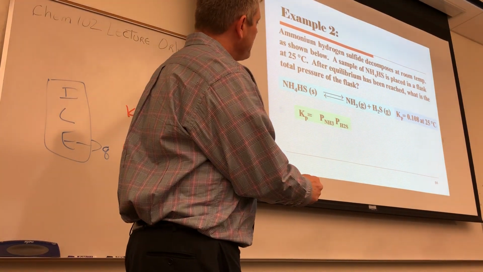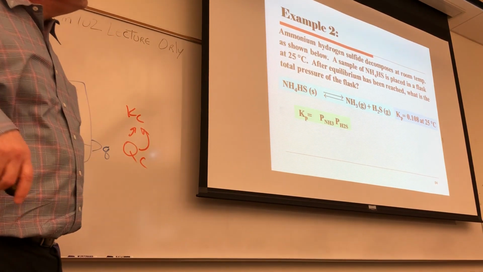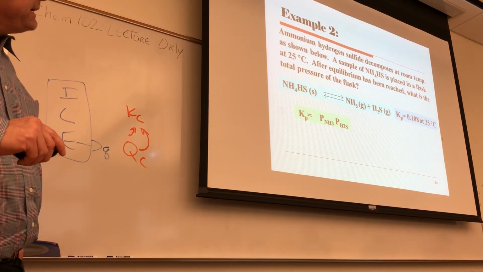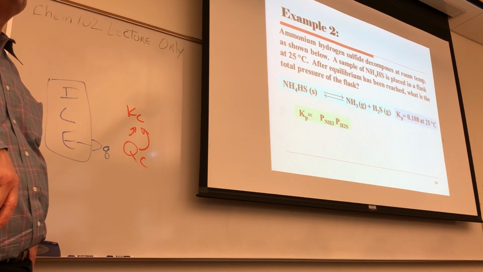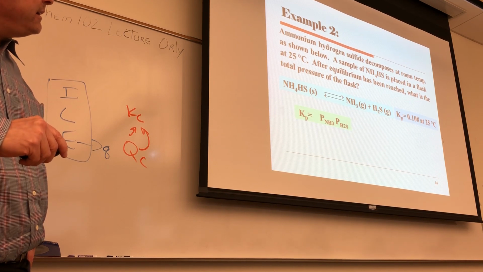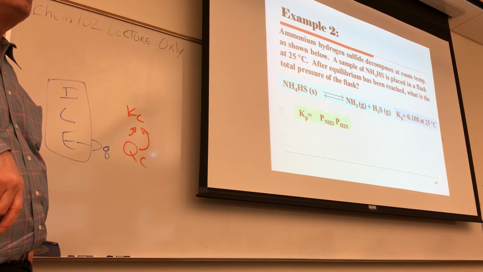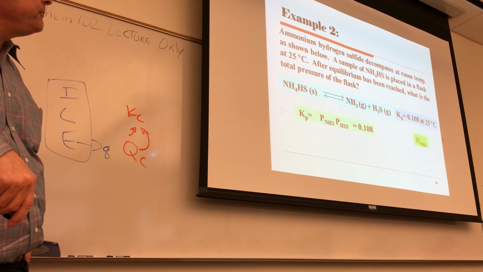Now, what am I going to have to do here? If my Kp equals this, is that pretty easy to solve for what each one is? Yeah, these are basically this times that. Partial pressures, it's a 1-to-1. Should be pretty easy, right? Yeah. I just plug in.